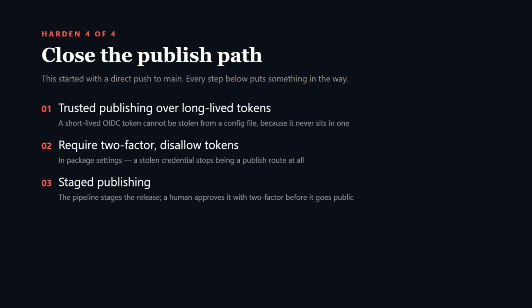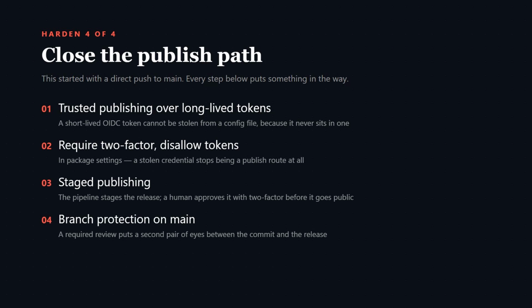Go one further with staged publishing. The pipeline can stage a release, but a human has to approve it with two-factor before the public ever sees it. And protect the branch. This whole thing started with a direct push to main. A required review would have put a second pair of eyes between that commit and the release.